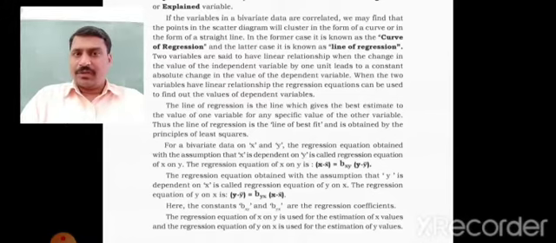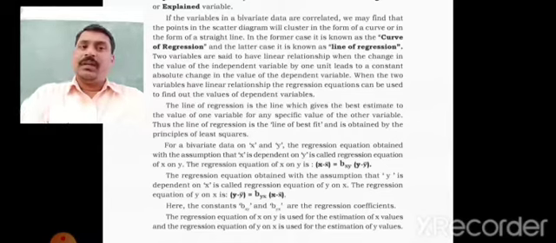For a specific value, it will give the value of the unknown or dependent variable, and the estimated value is almost equal to the actual value, so it is called the line of best fit. Thus the line of regression is the line of best fit and is obtained by the principle of least squares. With the help of that principle we estimate the line of regression.